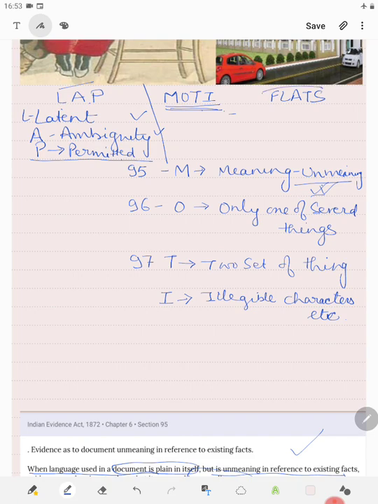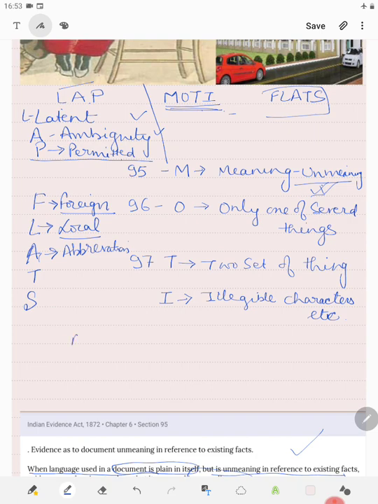So that word may be FLATS. So if it is a foreign word, then evidence can be given as to what is meant by it. Or if it is a local word, then evidence can be given of the meaning of that local word. Or if it is an abbreviation, then evidence can be given as to what is meant by it.